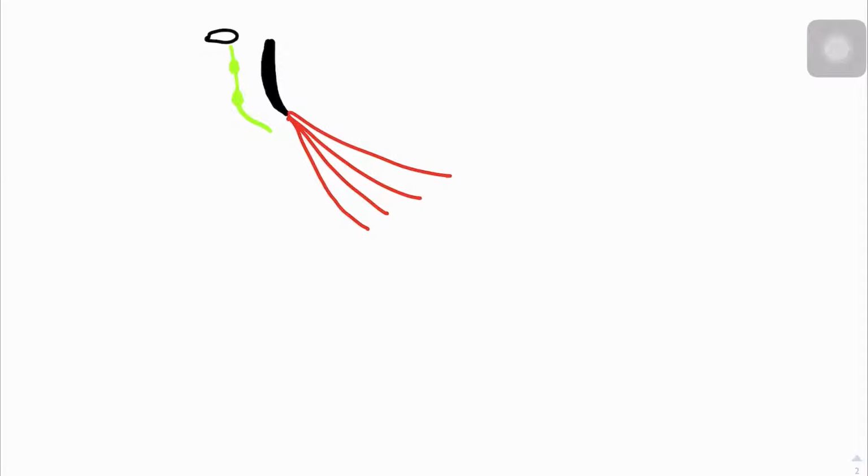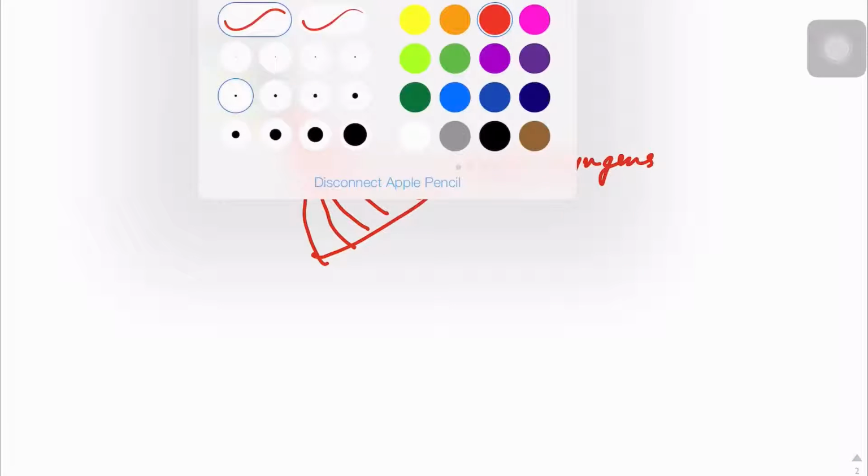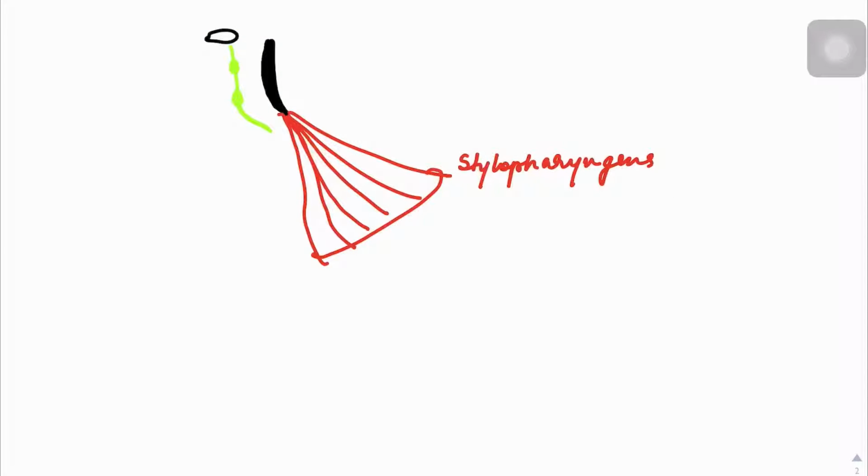Now this is a muscle which arises from styloid process. Label this as Stylo Pharyngeal. The nerve travels close to this structure and lies medial to the styloid process and goes and supplies this muscle.